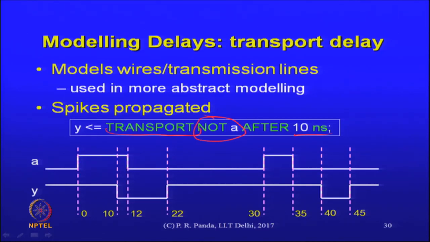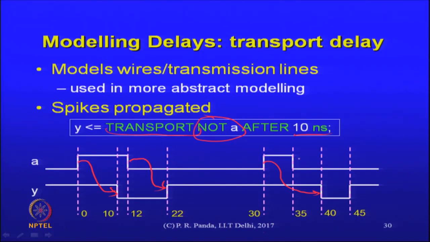So, if the input goes from 0 to 1 here, then the output changes after 10. The input here changes from 1 to 0 and the output changes after 10, this is fine. But in the other case, where the input changes from 0 to 1, that leads to an output change 10 nanoseconds later, but the input changed too fast, before the propagation delay.